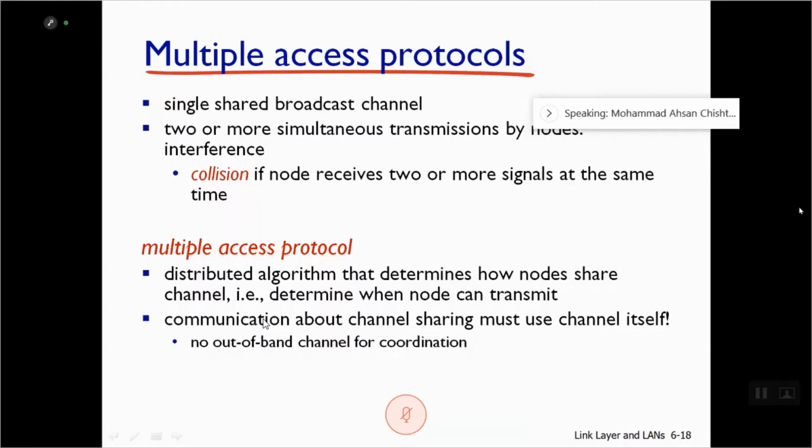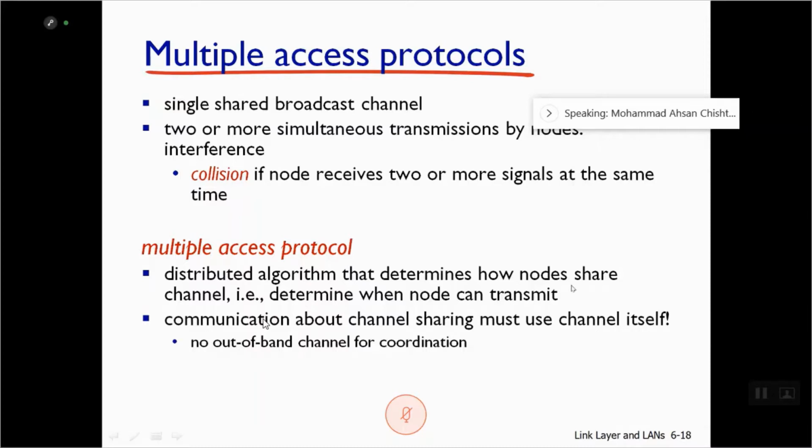If two nodes simultaneously start a transmission, the signals collide with each other. Due to this collision, you would get erroneous data, or you would have problems getting the data itself. Typically, if a frame collides, then that frame is lost. So this is basically what multiple access protocols deal with.